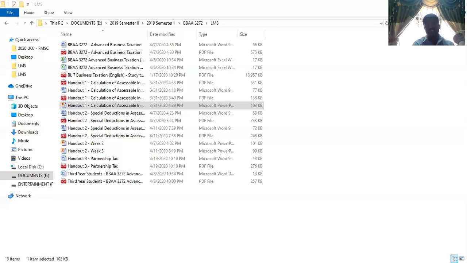So you don't need to deduct it again in the taxable or assessable business income calculation, because you already deducted it, and that can be accepted for taxation. Then you will get the assessable income from business. This is the basic brief idea of how to calculate the assessable income from business.